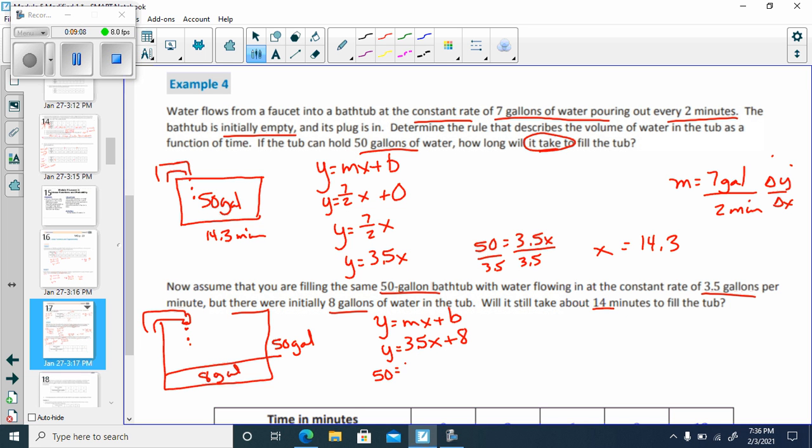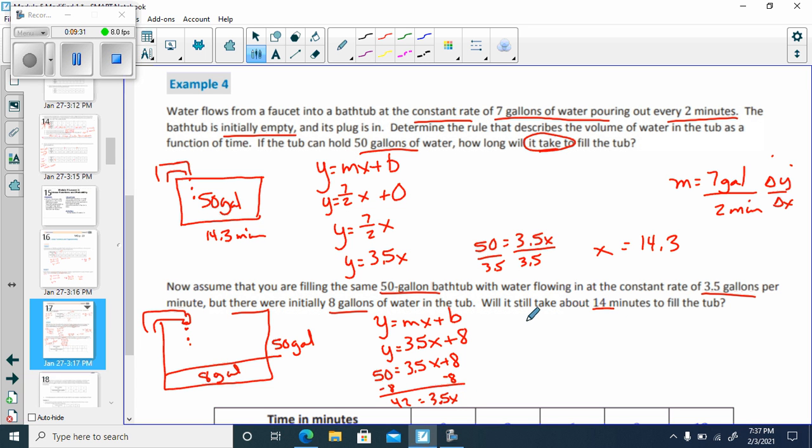50 then is equal to 3.5x plus 8, and we're looking for x, the number of minutes. Okay, let's subtract 8 from both sides. 42 then is equal to 3.5 times x. So see, 42 gallons is the total number we need to put in if there's already 8 gallons in there.